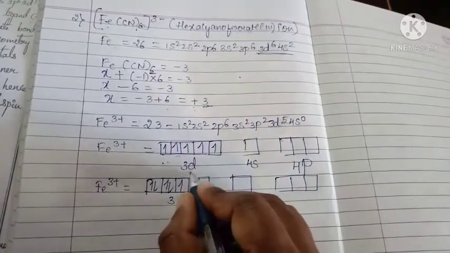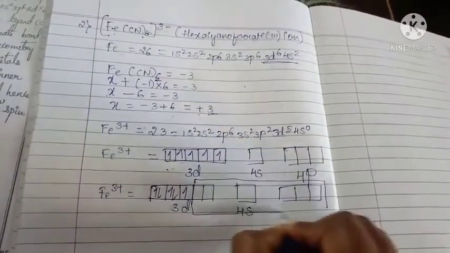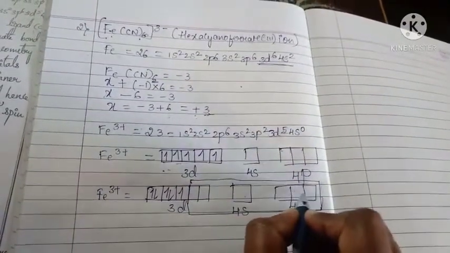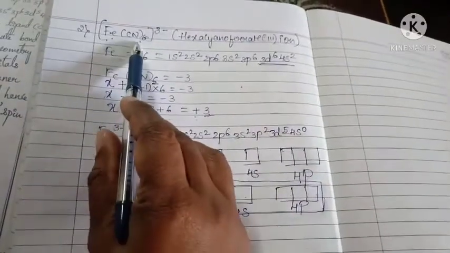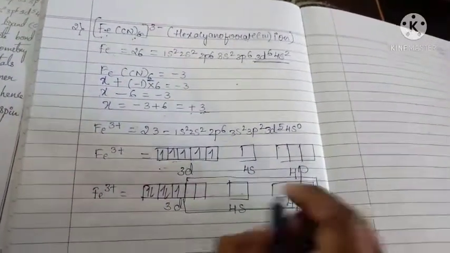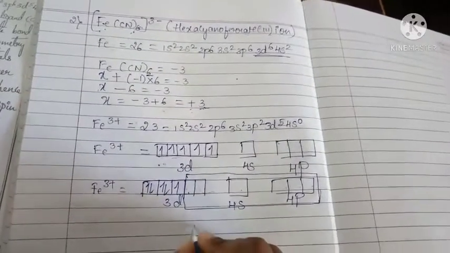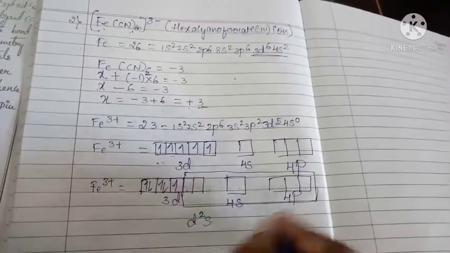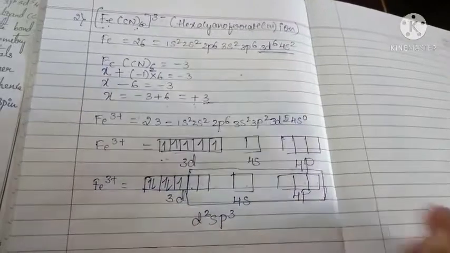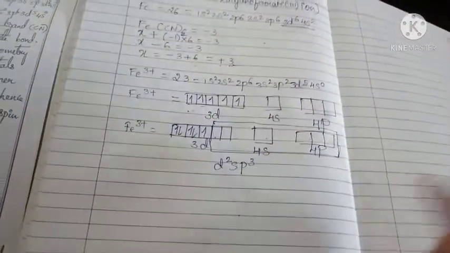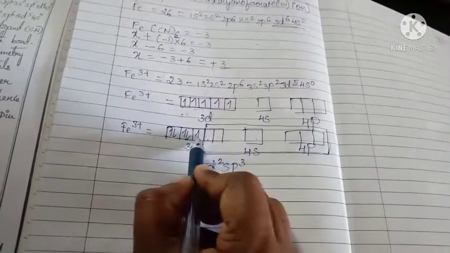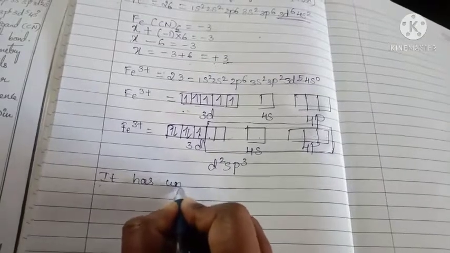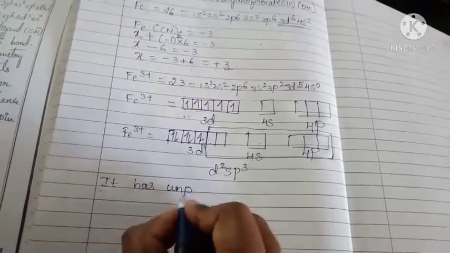Okay, and here how many vacant orbitals are there? 6 vacant orbitals, 1 2 3 4 5 6. How many ligands are there? 6 ligands, so it has 6 vacant orbitals. Then in the d, how many vacant orbitals are there? 2, then s1 p3. Then the hybridization is d2sp3. Here one unpaired electron is there.